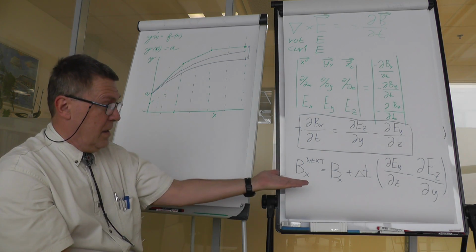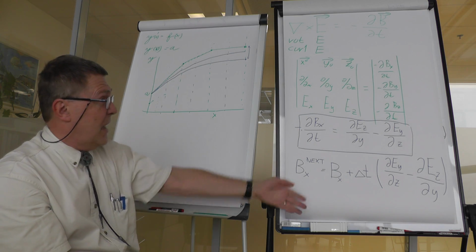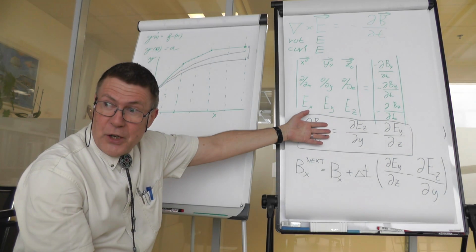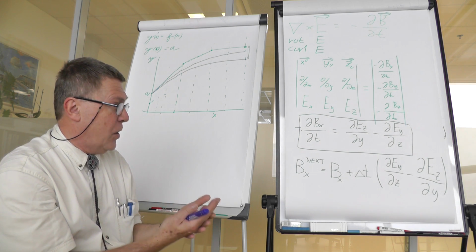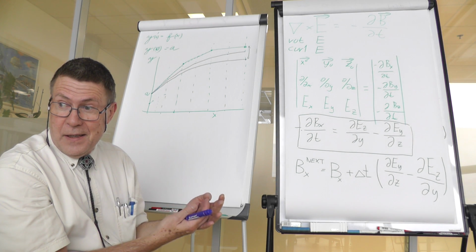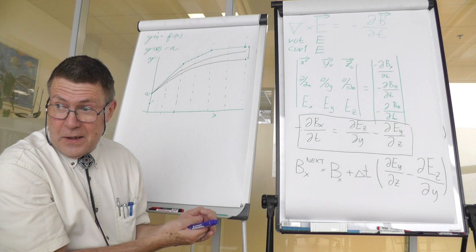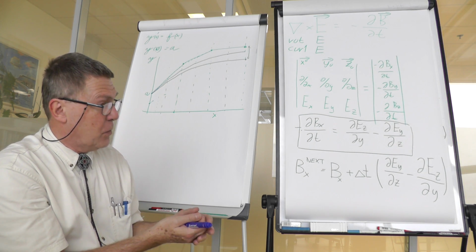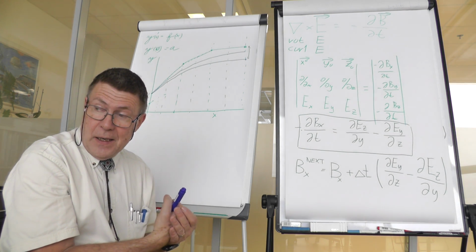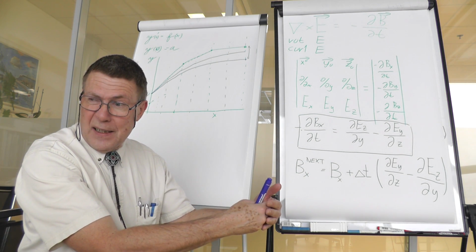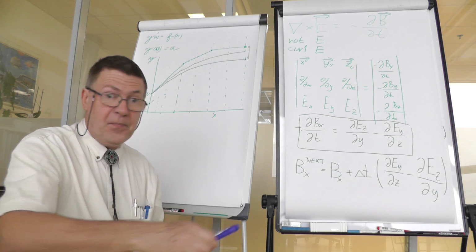this is a simple result of the Maxwell equation. So the Maxwell equation is a kind of evolutionary description of the field. We can find out the time derivatives of the fields, and therefore we can estimate the value at some next time.